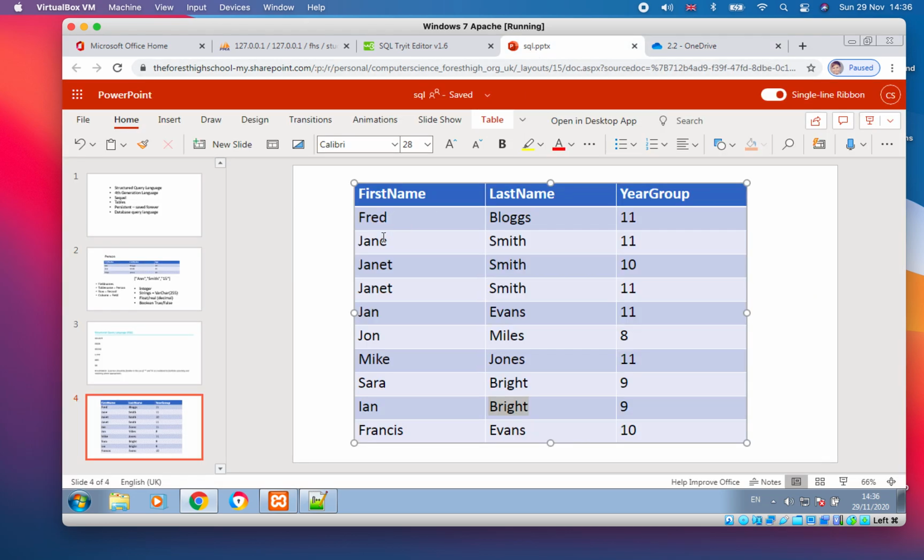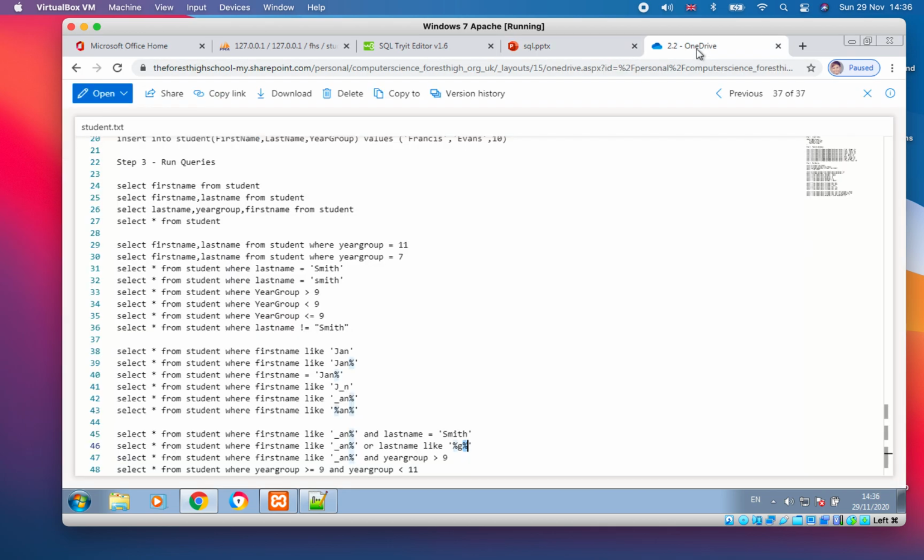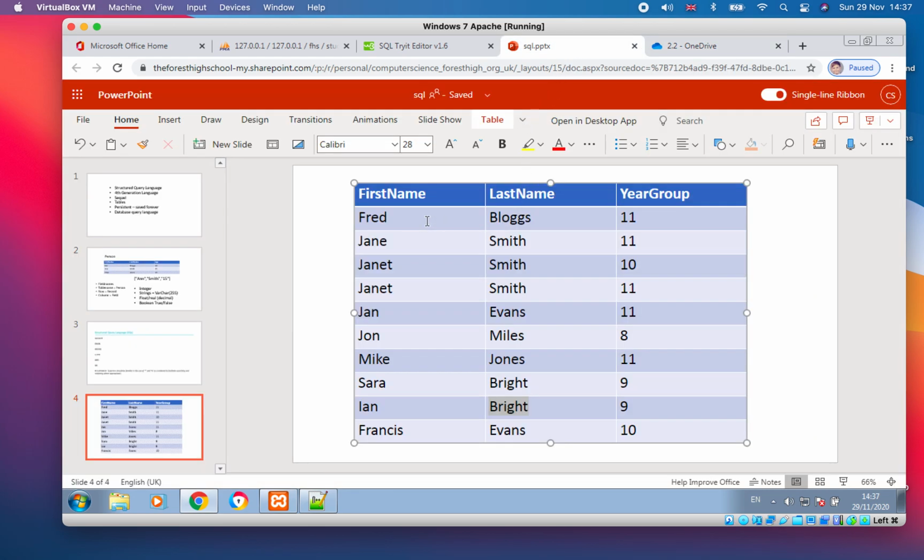Now we've got to be careful because we're using an OR this time. Okay, so that needs to be true, or that needs to be true. And if we take a look here, we've got Fred Bloggs. Well, that isn't true, but that is true. So I'm expecting to see Bloggs in my result.